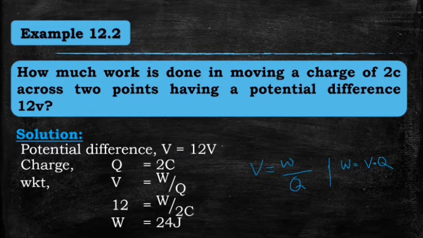So W will be equal to 12 into 2, which is 24. And since they are asking for work, we must keep it in joules, that is 24 joules. How much work is done in moving a charge? It is 24 joules of work done in moving a charge of 2 coulomb across 2 points having a potential difference of 12 volt.